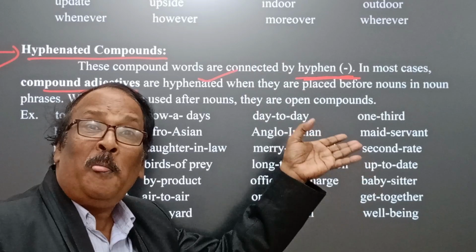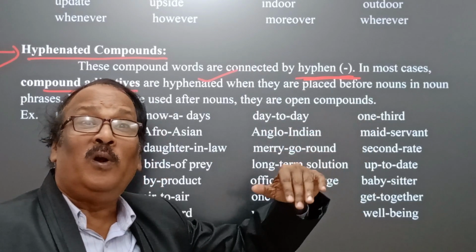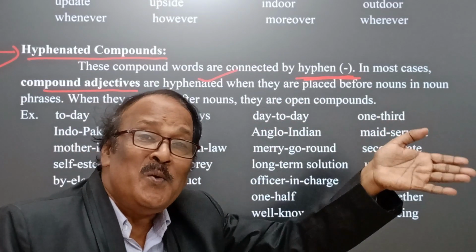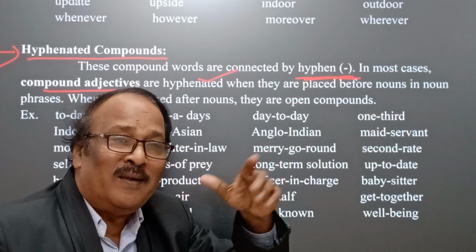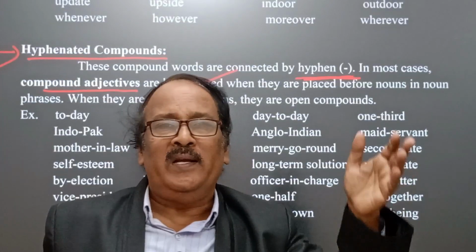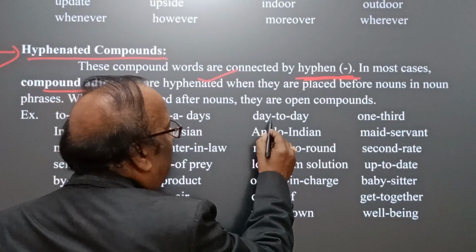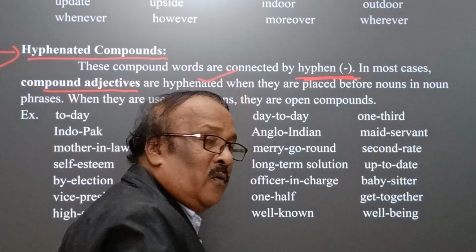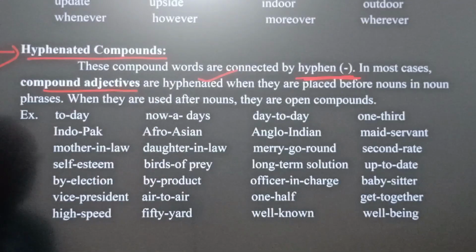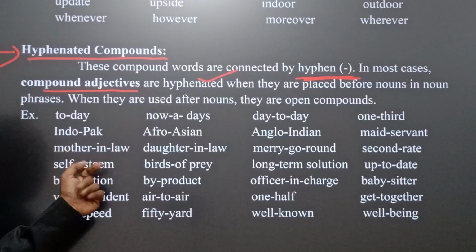We have to use these words in our day-to-day life, at the time of speaking and writing, then only we can enjoy it. Remember, these are the ideas, but we have to implement them. One-third of crops, Indo-Pak, Afro-Asian, Anglo-Indian, maidservant, mother-in-law.